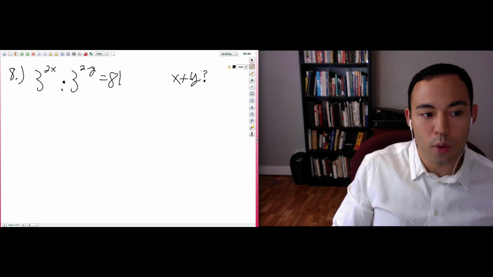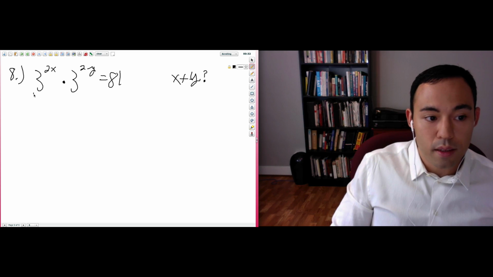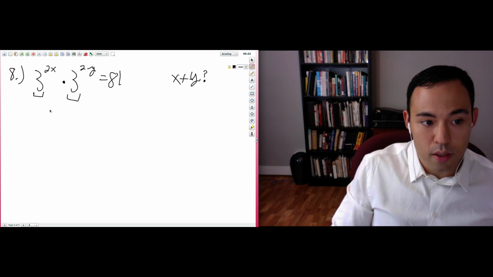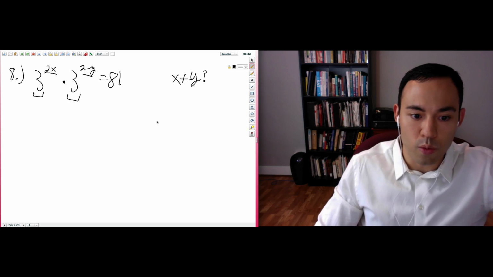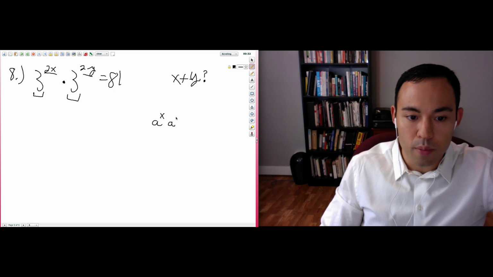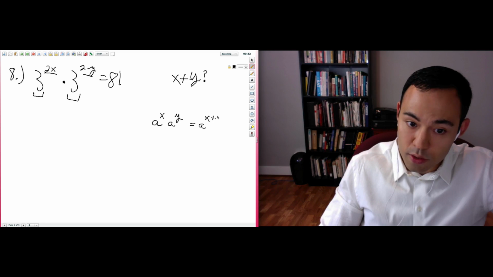So whenever you're multiplying like bases, there's a rule we have, which is that you add their exponents. So let's backtrack a little. So remember those rules like a to the x multiplied by a to the y is equal to a to the x plus y.